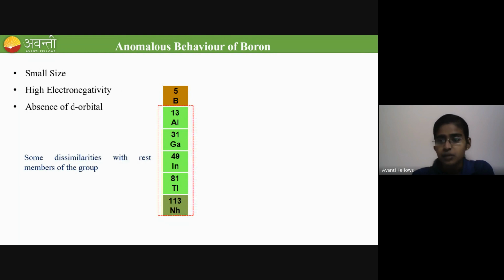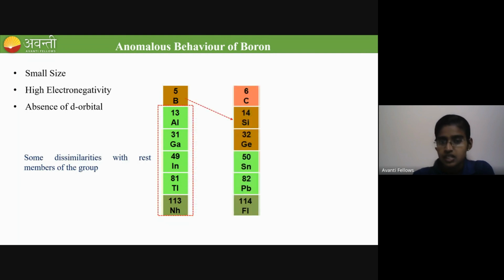Coming to group 14, these are the group 14 elements. Boron is diagonally related to silicon. In the sense that, if we take the size factor, more or less boron and silicon have similar size and similar electronegativity values.